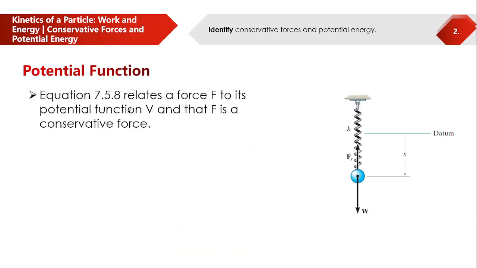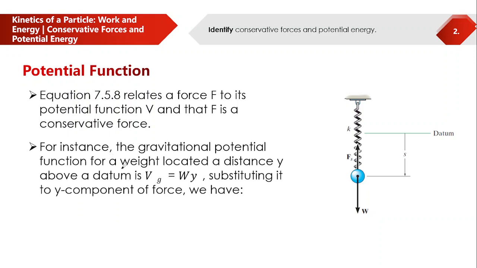Okay, so equation 7.5.8 relates a force F to its potential function V, and that F is a conservative force. Okay. So for instance, the gravitational potential function for a weight located a distance y above the datum is Vg that is equals to Wy.